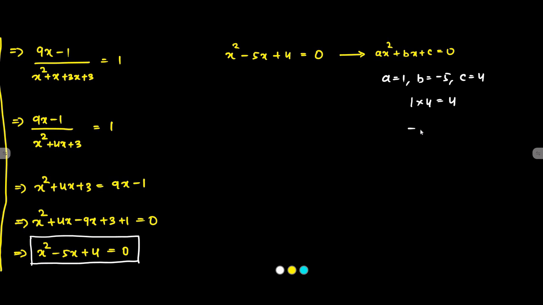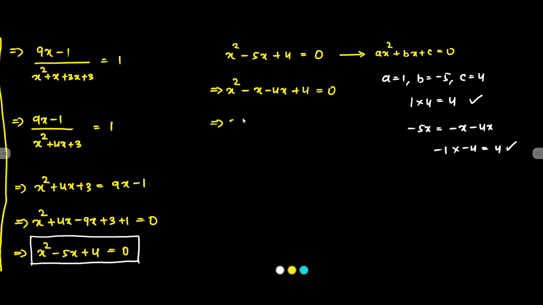So minus 5x, we can write it as minus x minus 4x. In this case, the product of the two split term coefficients, that is equal to minus 1 into minus 4, that is also equal to 4. 4 here, 4 here. So we'll perform the split here. That implies x square minus x minus 4x plus 4 is equal to 0.